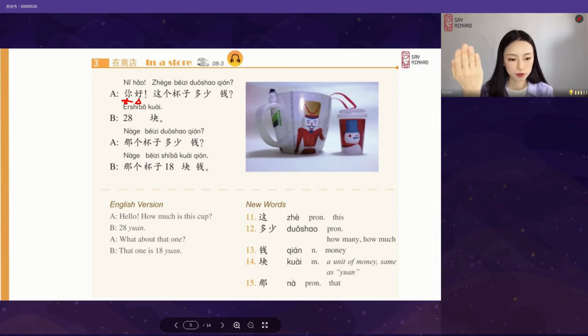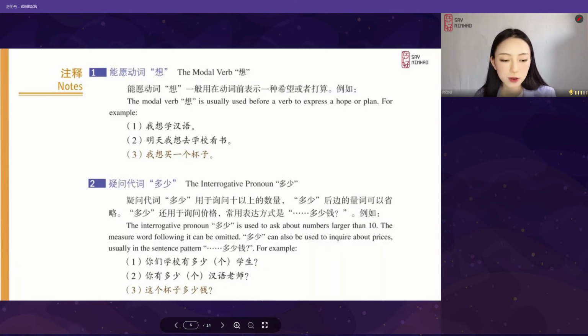Please start. 28块。那个杯子18块钱。Okay, very good. Now let's move on to our language point part since we've finished our text.